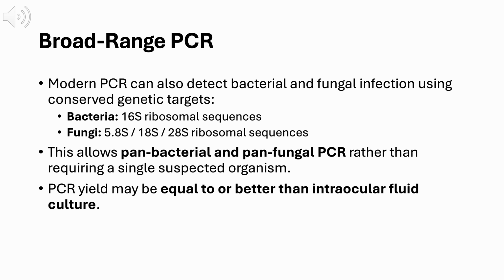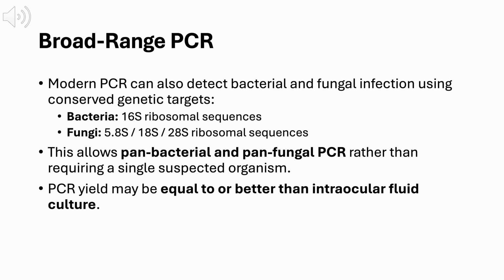Standard PCR looks for one specific organism you already suspect. Broad-range PCR is cleverer. It can detect whole categories of bacteria or fungi at once. Here's how, in plain terms. Certain genes are shared by essentially all bacteria, or all fungi, with tiny species-specific differences. Bacteria share their 16S ribosomal sequences.